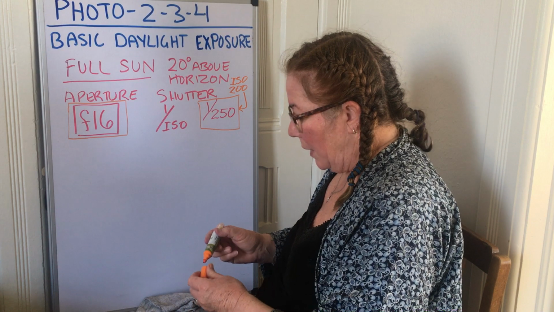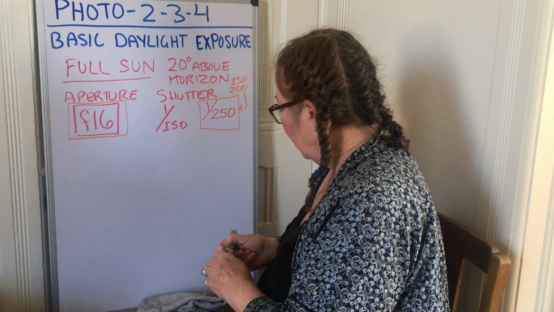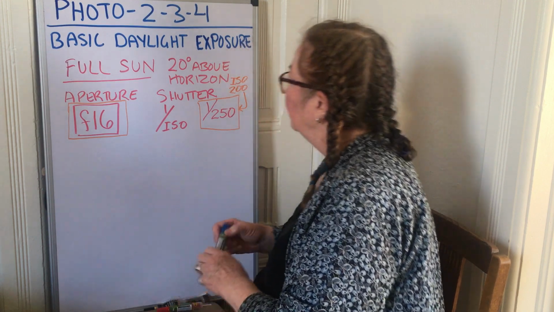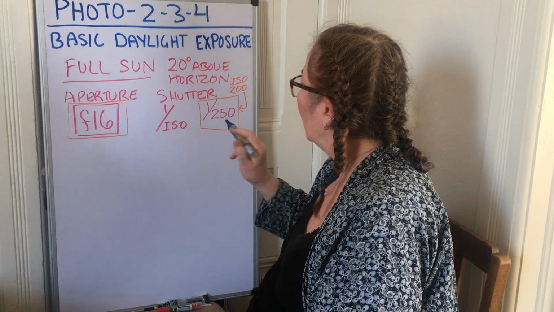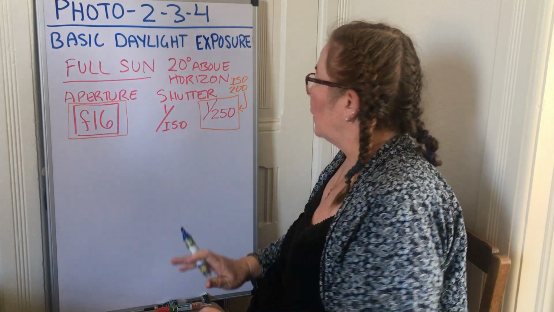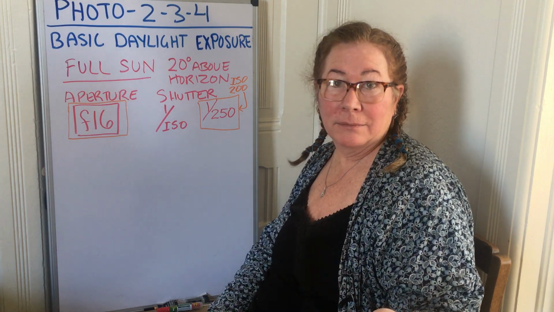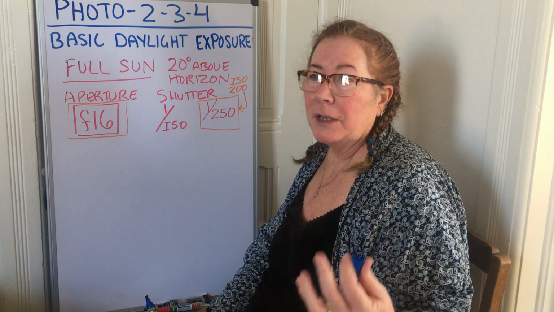So we'd be starting off with 1 over the ISO, which in this case would be about 250, right? So for the Sunny 16 rule, this would be your starting settings if you're out in full sun, right? Then you can change them if you have different effects you want.